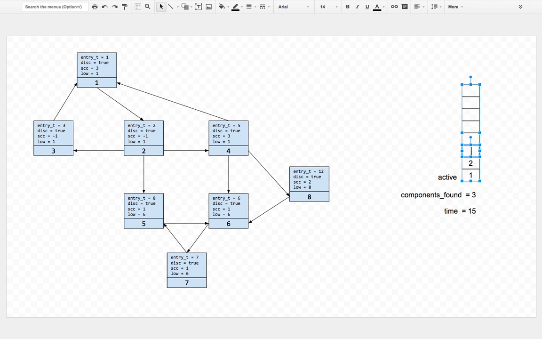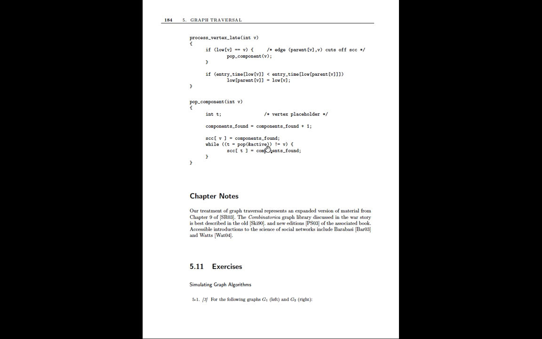I pop 3 off the stack, and I set its SCC, strongly connected component, to be 3 as well. I pop 2 off the stack and set its SCC to be 3. And then I pop 1 off the stack, but now I don't do anything and the while loop exits because 1 is equal to 1.